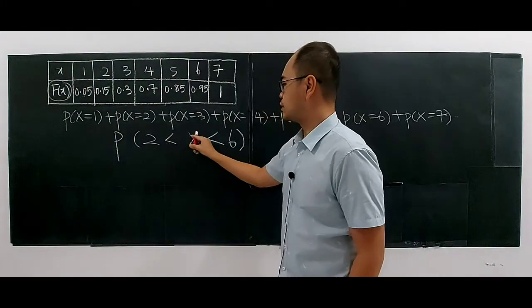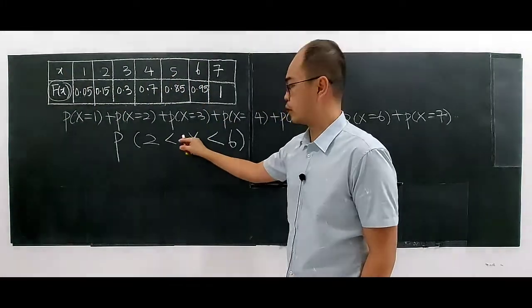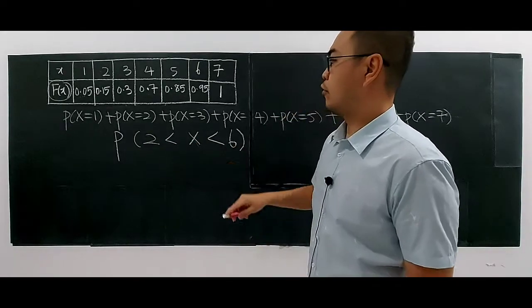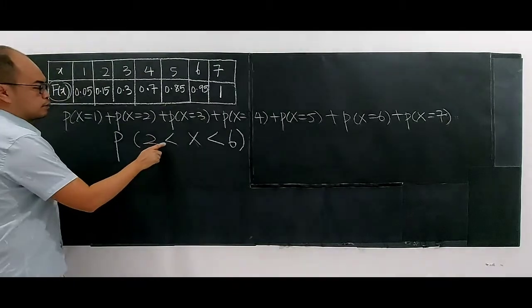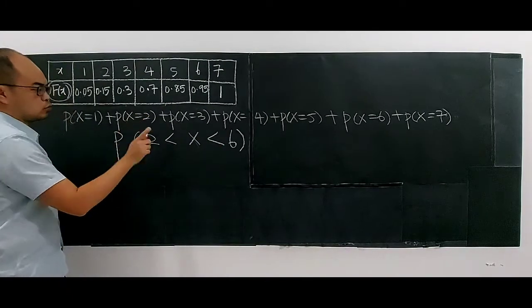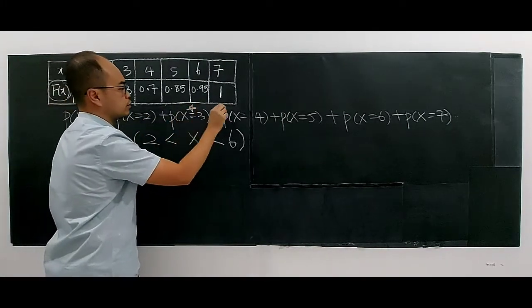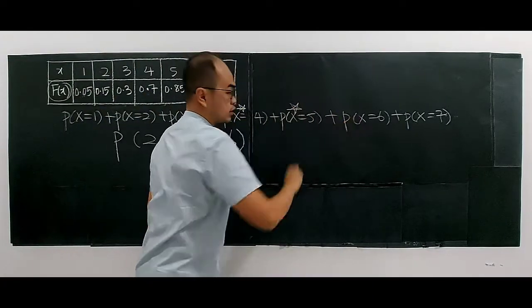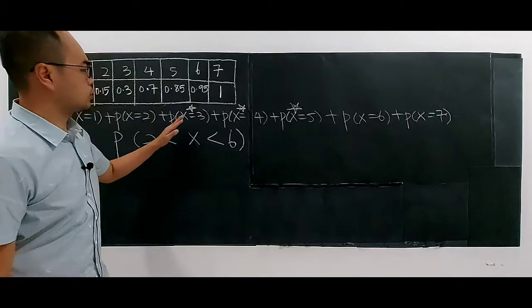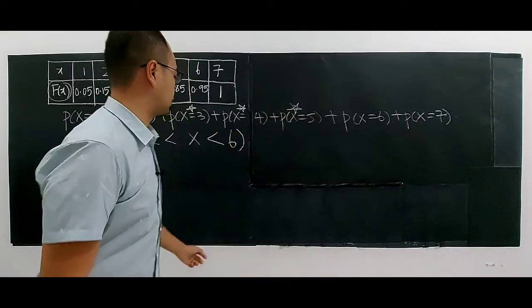So what is the discrete random variable between 2 and 6? From here you can know it is not including 2, so it will be 3, 4, and 5. Not even including 6.